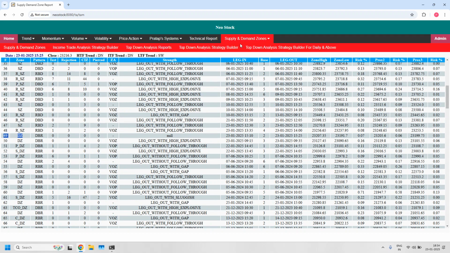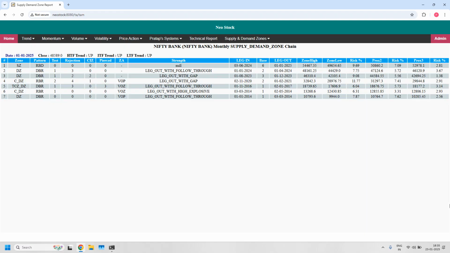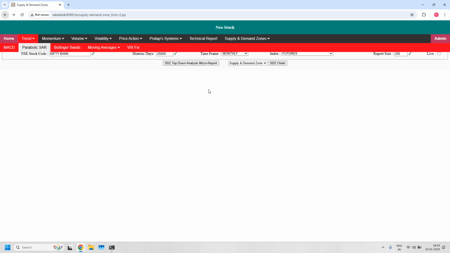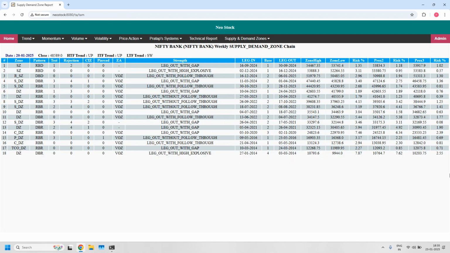Next, BANKNIFTY supply demand zone chain. That is nothing but NIFTY Bank, generating a monthly supply demand zone chain for BANKNIFTY. Next, weekly supply demand zone chain for BANKNIFTY.